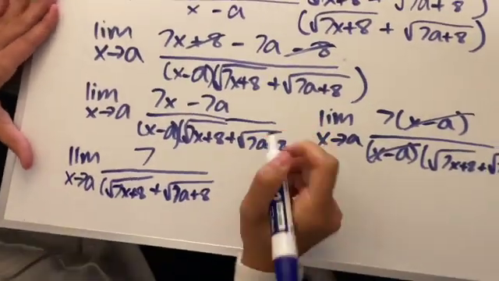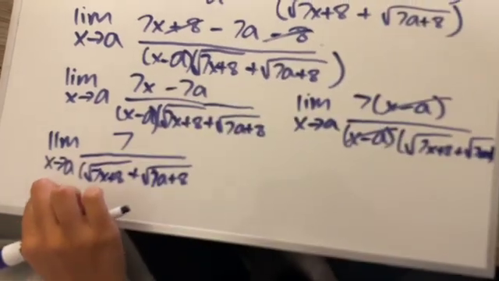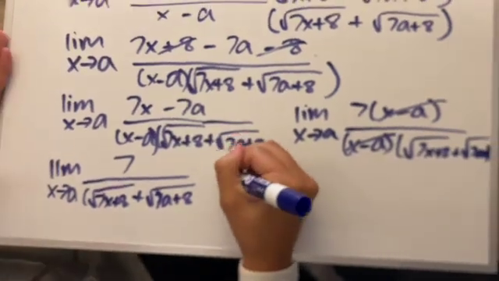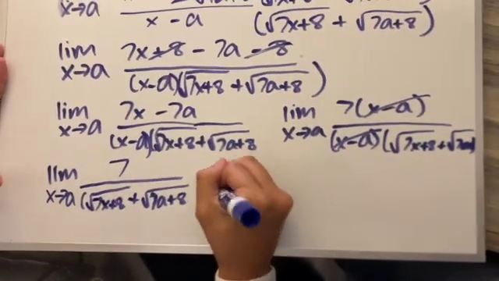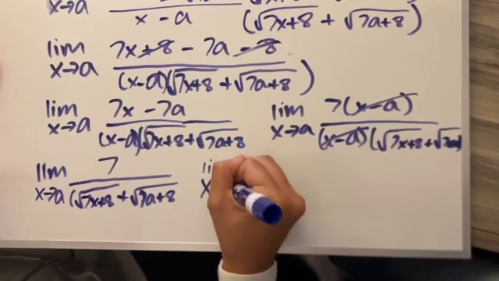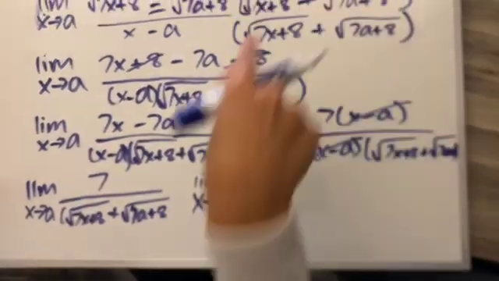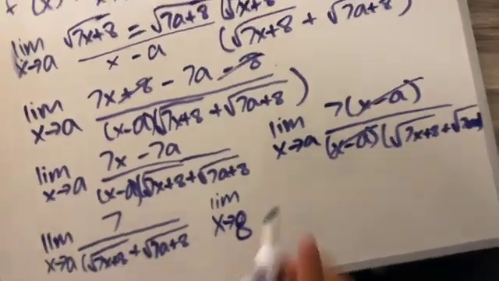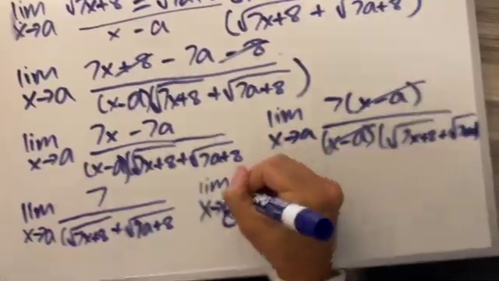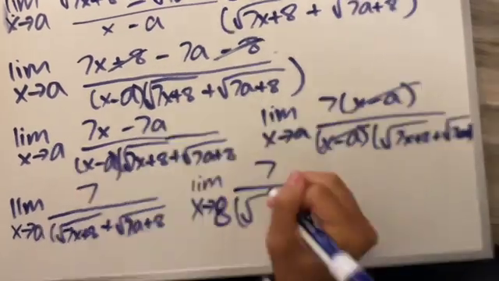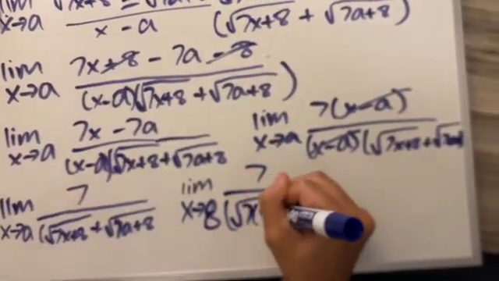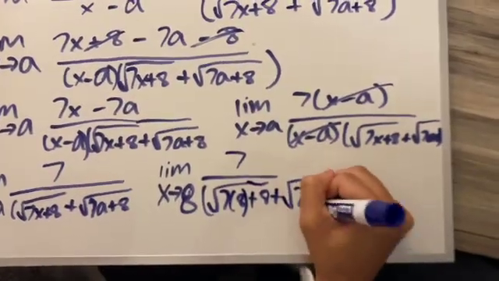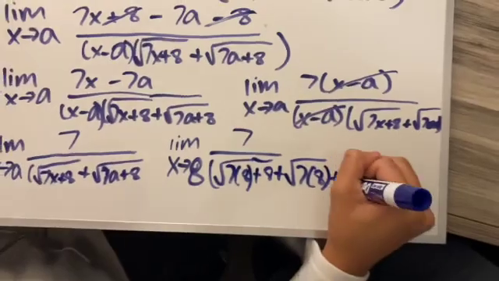plus 8. And then we just put in a for x, and then we get the limit as x approaches 8 because a equals 8. So then we substitute a in for x and then 8 in for a. So then we get 7 over the square root of 7 times 8 plus 8 plus the square root of 7 times 8 plus 8.